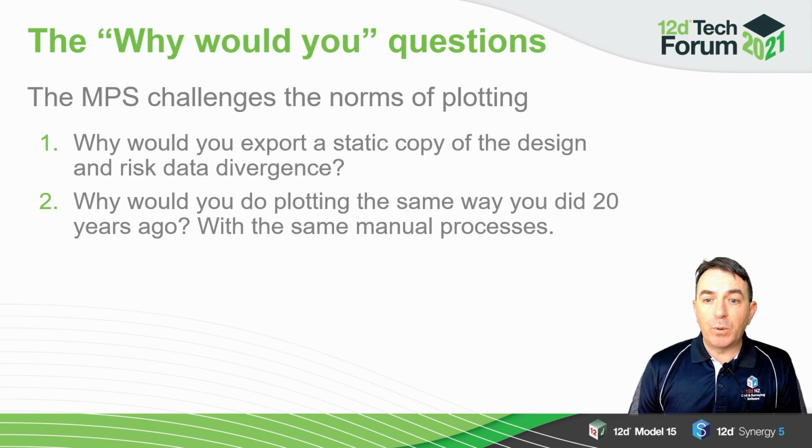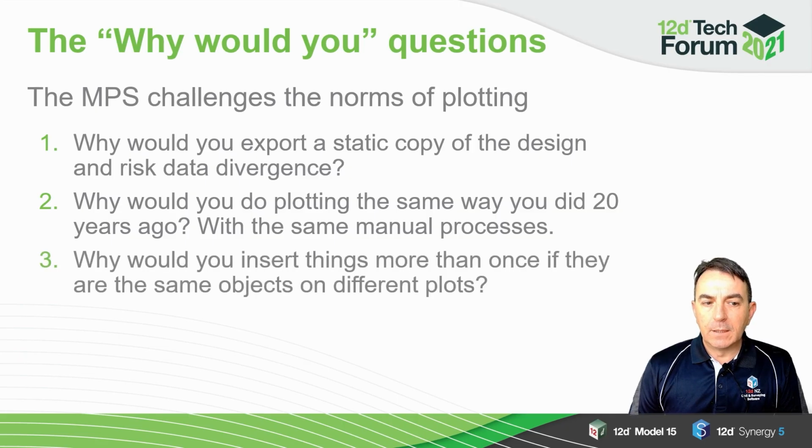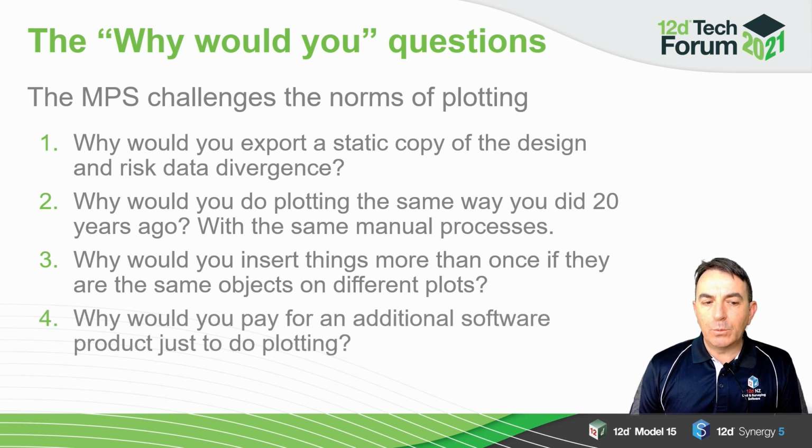And why would you do plotting the same way you did 20 years ago with the same manual processes? There's smarter ways of doing it. Why would you insert things more than once if they're the same objects on different plots, like north points and text and title blocks in the norm? And probably one of the most controversial, why would you pay for an additional piece of software just to do your plotting?